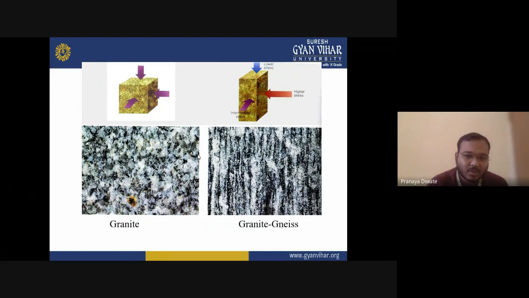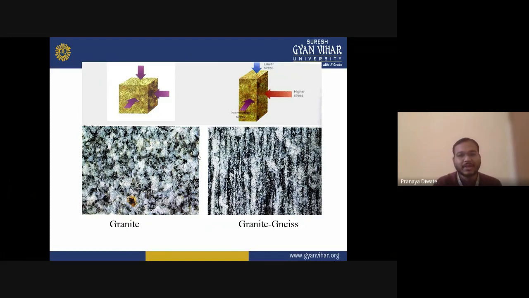A pre-existing rock is changed into another rock.